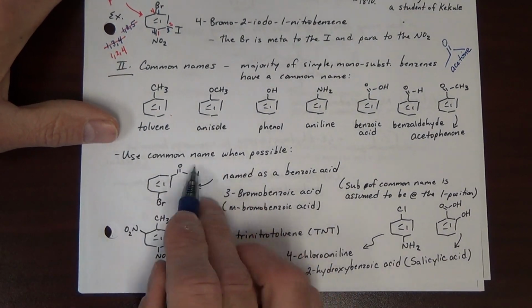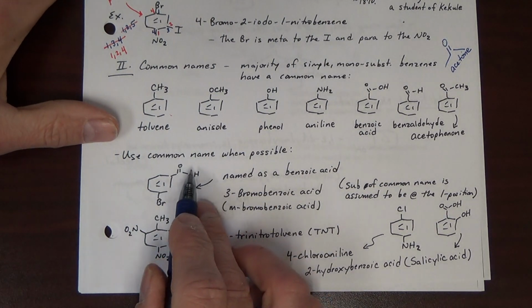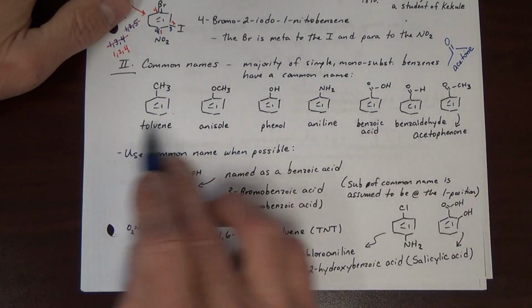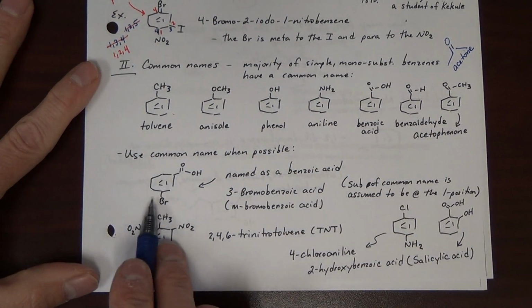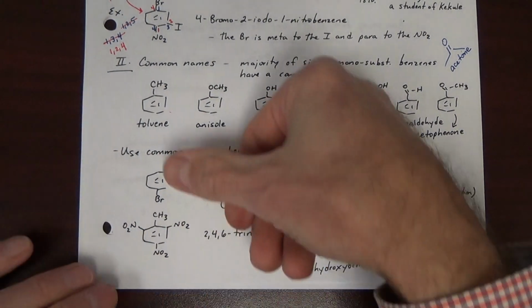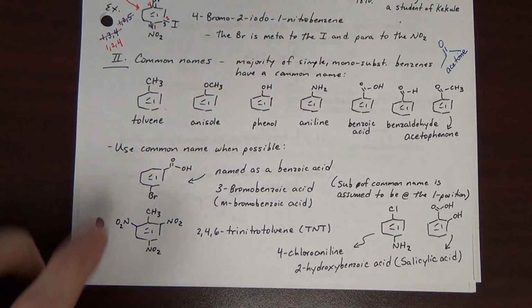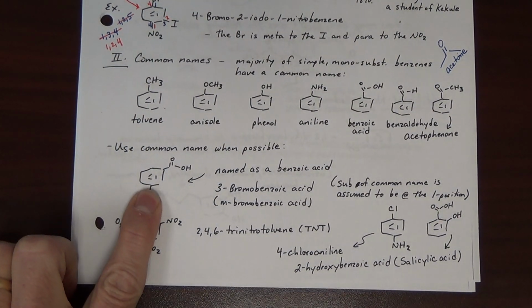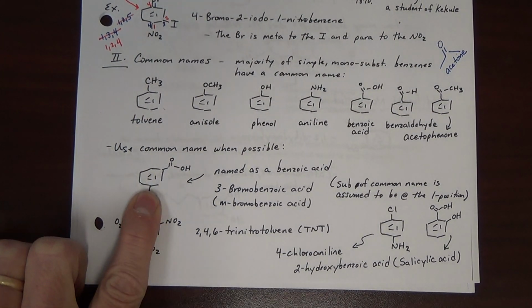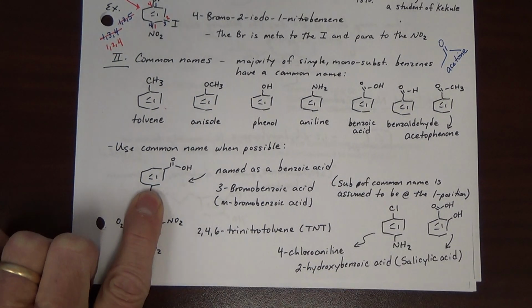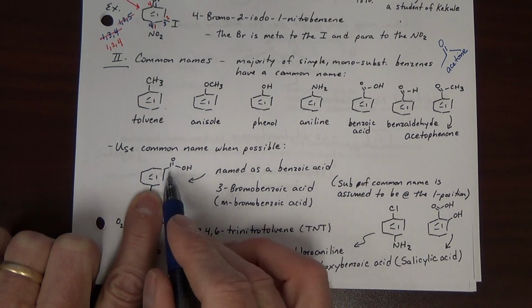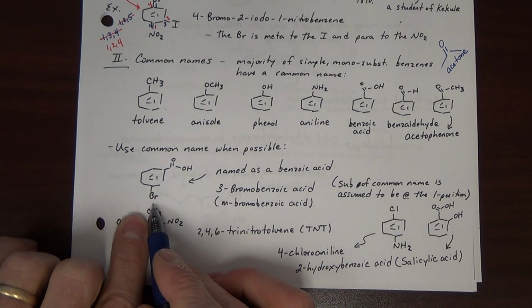Well, we want to use a common name when possible. Okay, one of these common names when possible. Look at this compound. Now, bromobenzene is not a common name. That's more of a systematic name. But there we have benzoic acid, a common name, and that's what we want to use. And this is benzoic acid with a bromine.